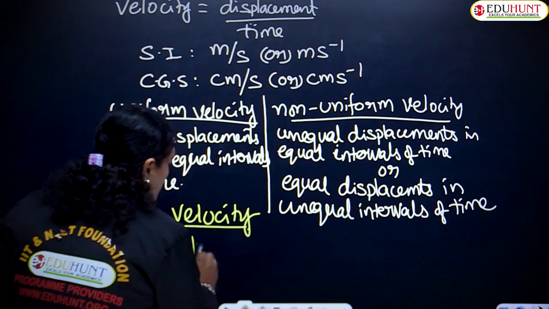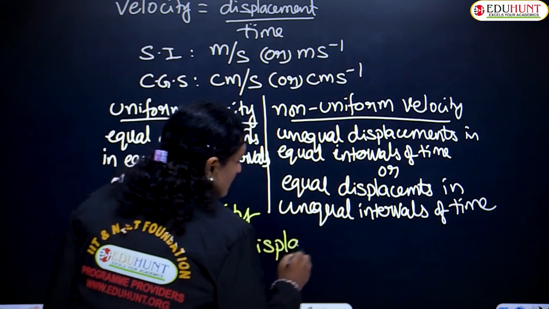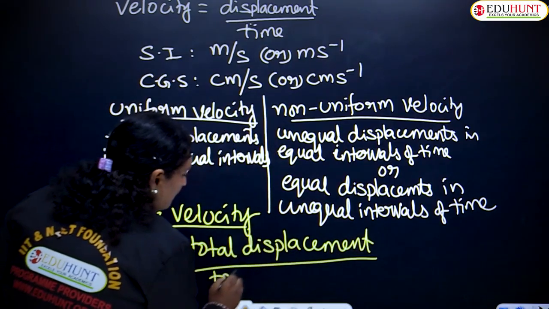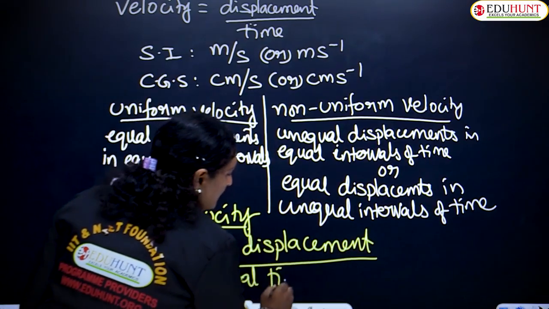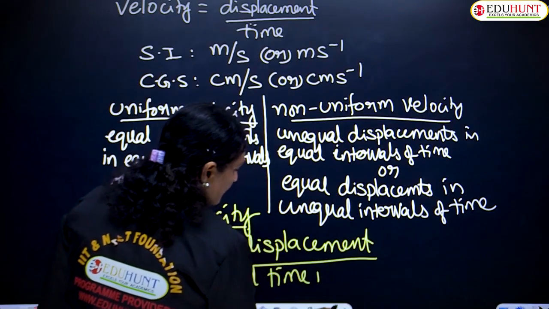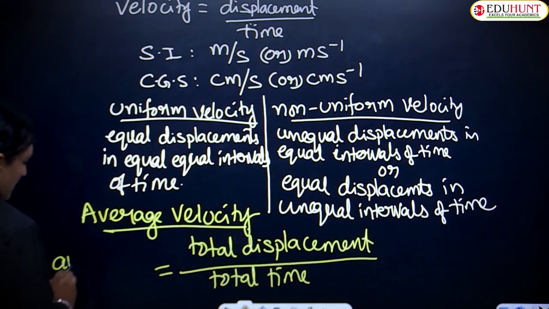That means total displacement covered by the body to that of total time is called your average velocity.